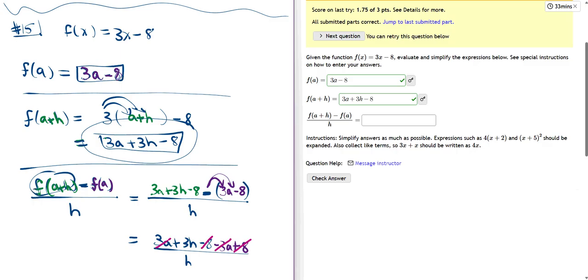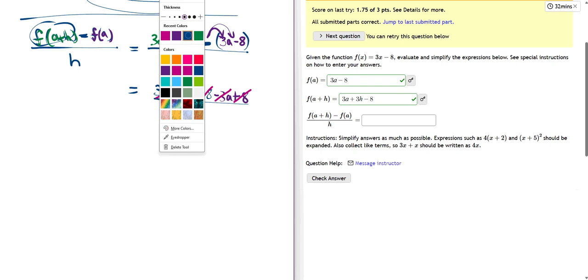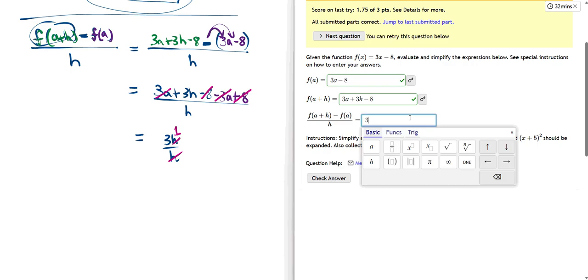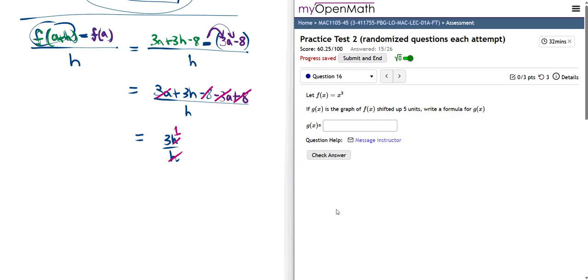And so I'm left with just 3h over h. So what's left is 3h over h, and then the h divided into h is going to simplify to 1, okay? So I actually just have 3 as my final answer on that last part. Okay, number 16.